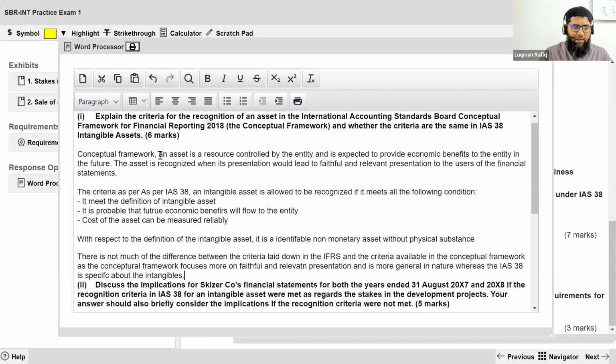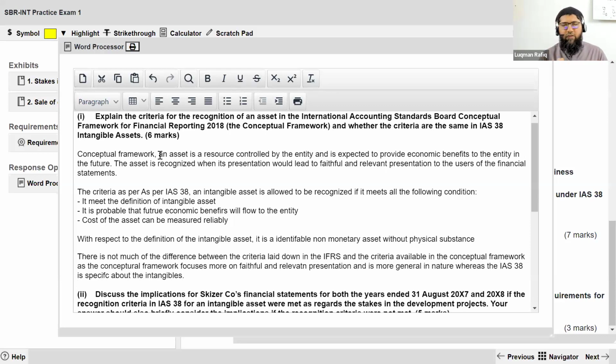So this is where the major similarity is between IAS 38 and the conceptual framework.